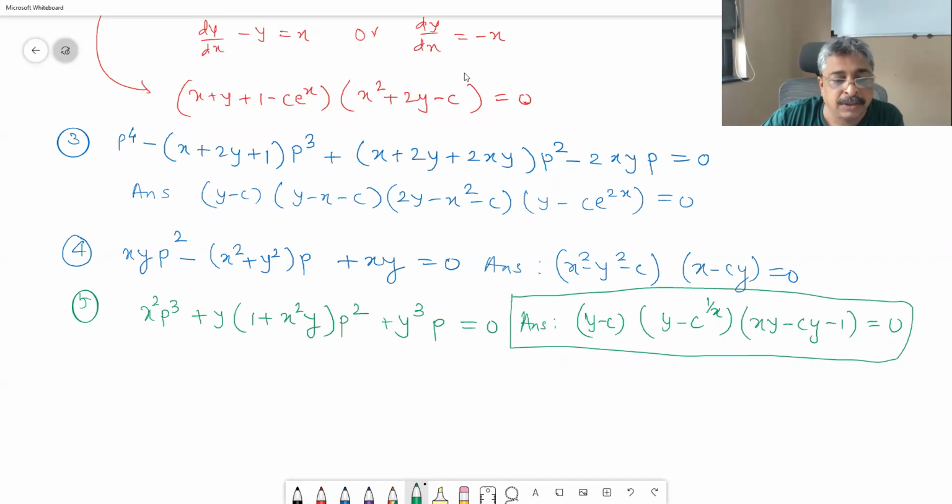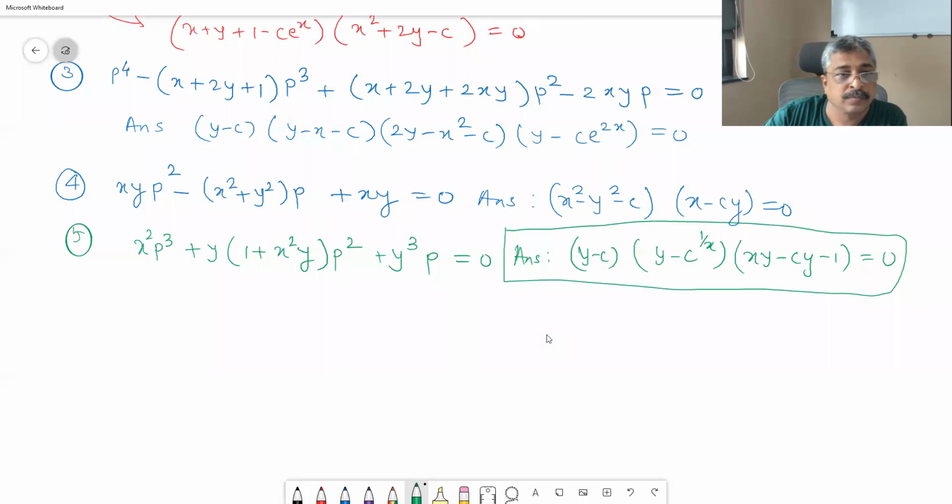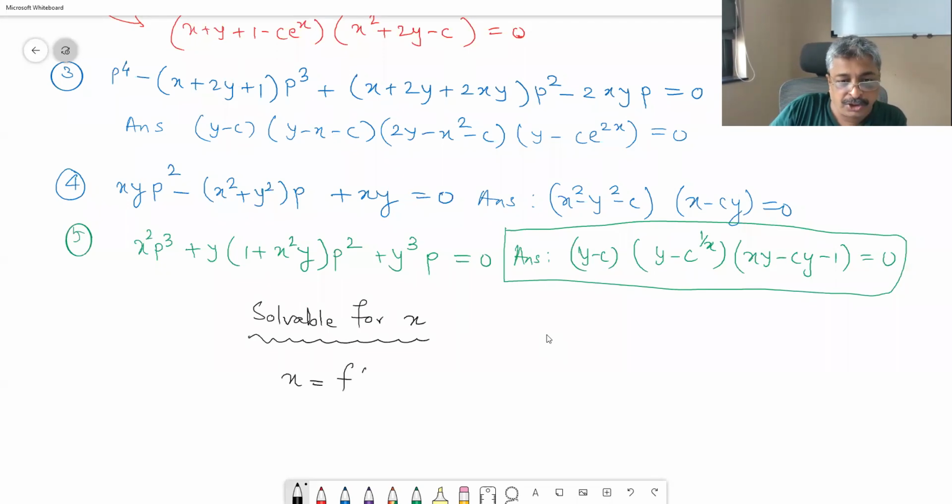Solvable for x. Now, typically if this is a differential equation, you should be able to write it in the form x is equal to a function of y comma p.